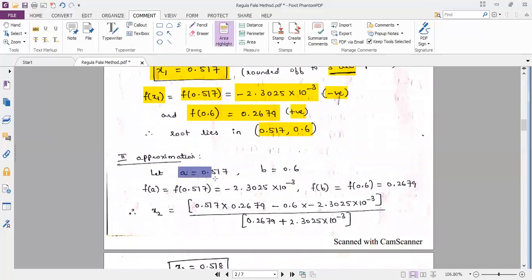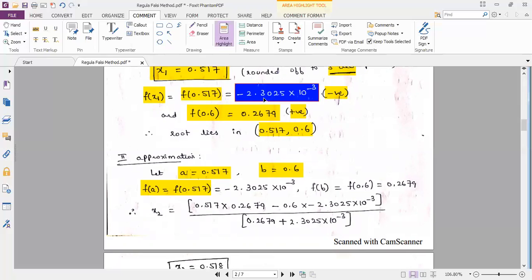So let a be 0.517 and b value shall be 0.6. Already obtained f of a and f of b values, we are writing here for convenience. So f of a is nothing but f of 0.517, which is already obtained as minus 2.3025 into 10 power minus 3. The same is substituted here.